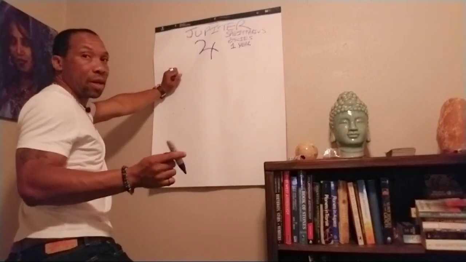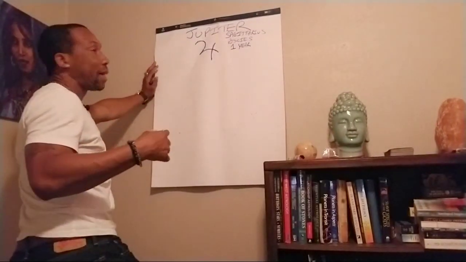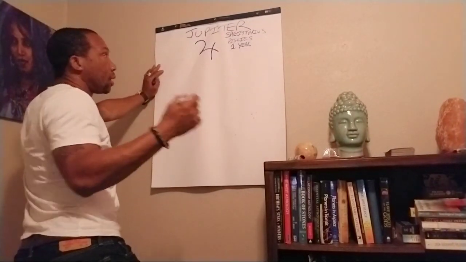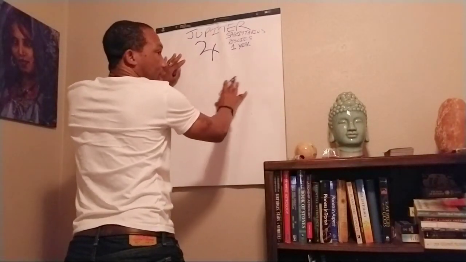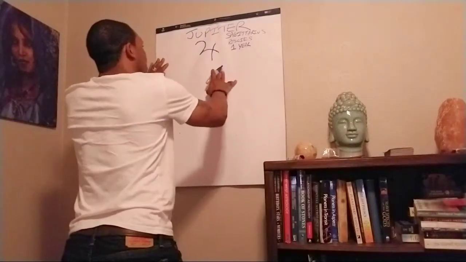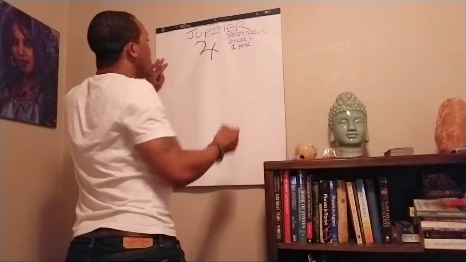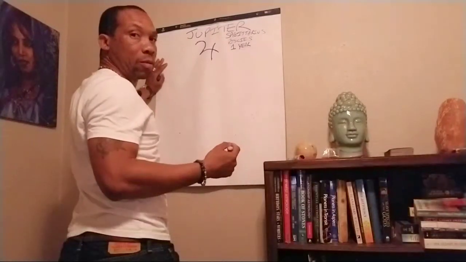But we're not going to go into that right now, because I also have to go back over with you guys the emphasis of dignity and stuff like that. So we're going to look at other things dealing with Jupiter.